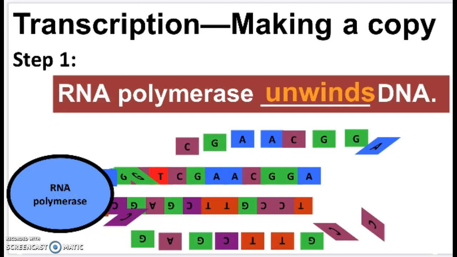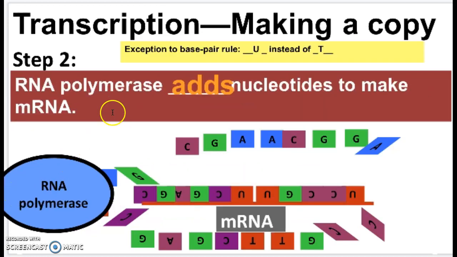This is RNA polymerase, and it's going to start to add RNA bases, okay? The first thing that it does is that it starts to add nucleotides to make that mRNA. So RNA polymerase adds nucleotides to make the mRNA.